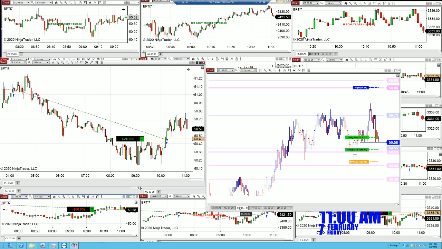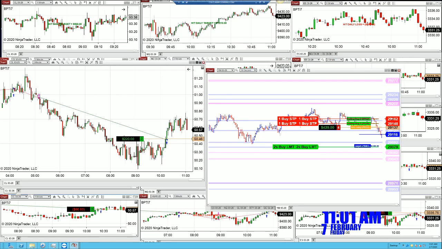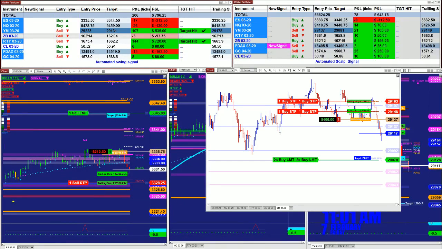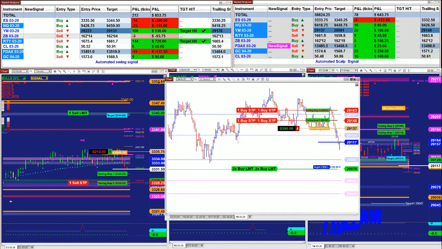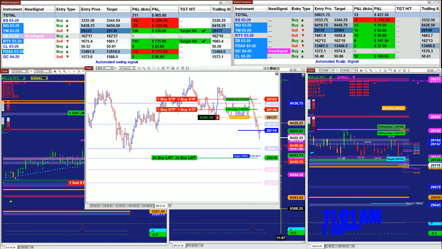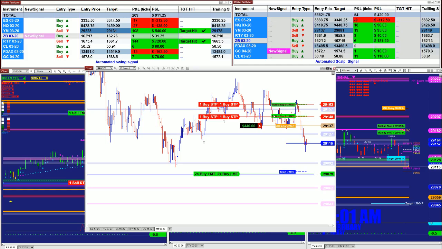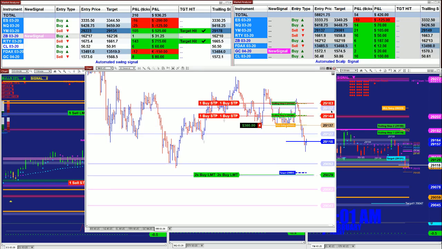Let's go ahead and take another look. We can look at the YM. Let me take this out of the way. If we look at the YM, as you see, we had a lot of resistance lines, and the signal was taken at 2291.37.